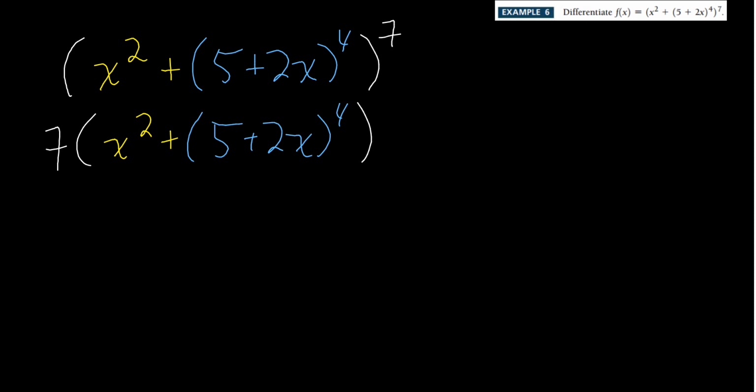Okay. Now, what you're thinking is, okay, so it appears that I'm going to have a chain rule within the chain rule, and you do. But let's finish up the first chain rule first. We did that part. Now we have to find the derivative of the inside here.